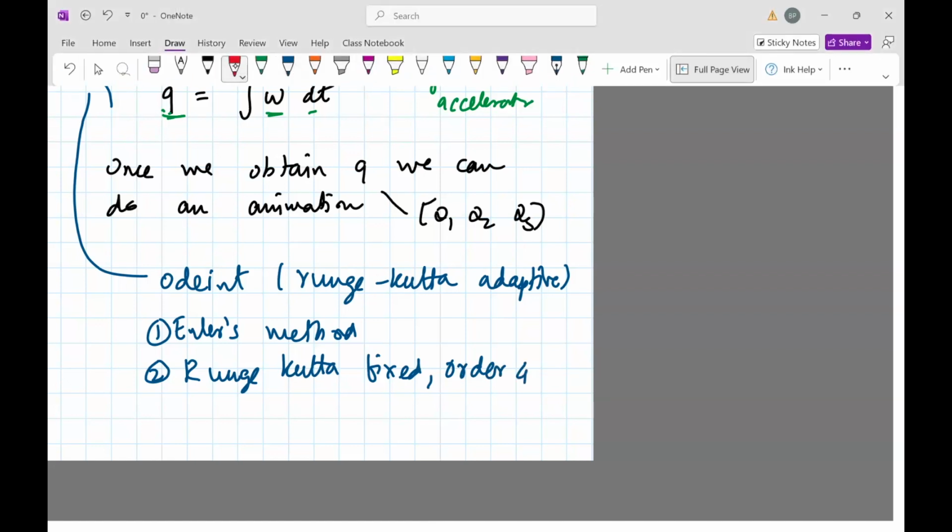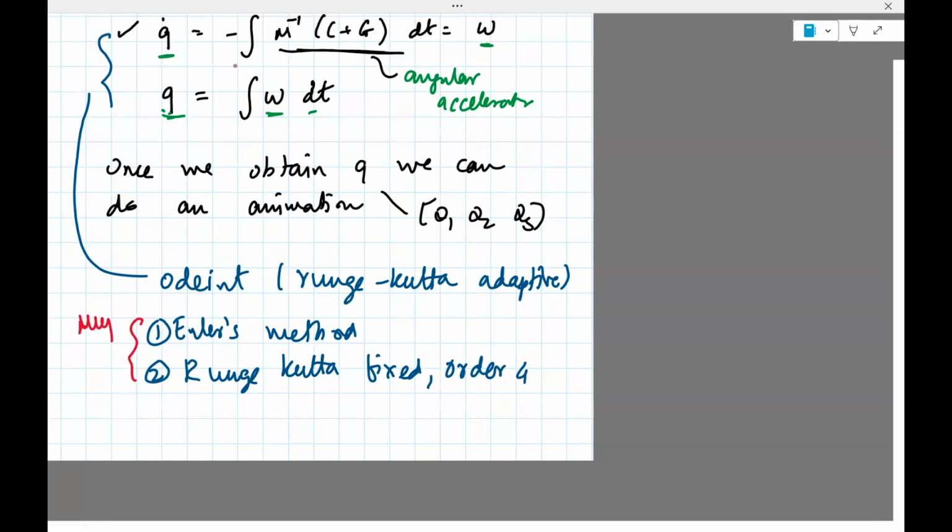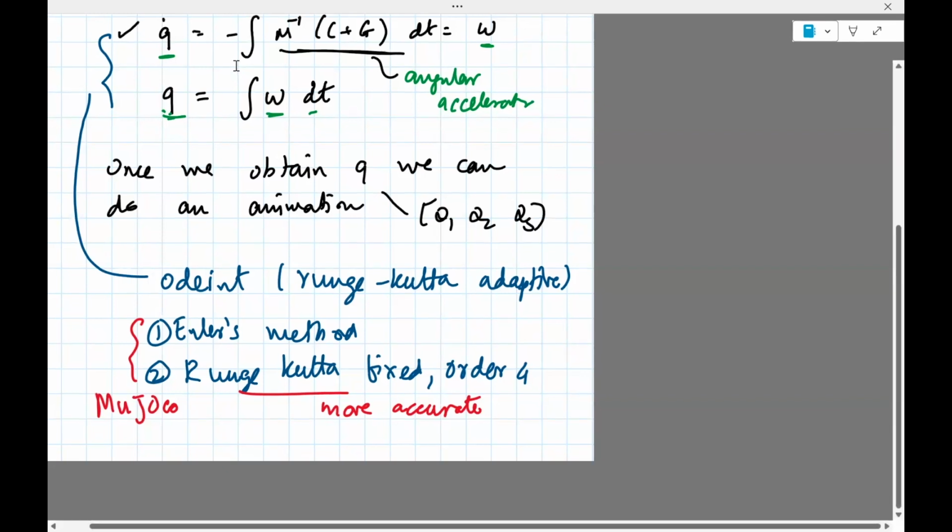MuJoCo actually uses these. If you look at the MuJoCo documentation, you could use one of these. This is more accurate. So don't worry too much about it. If you want to check this out, just search for how to integrate equations, Euler's method and Runge-Kutta, but we really don't need to know how it is done. So what I've done next is taken those equations and integrated them.